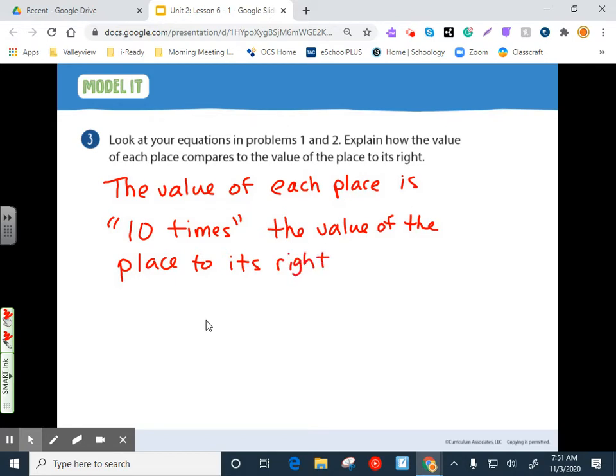Basically what that's saying is every time you look at a digit, it's 10 times bigger than whatever is to the right-hand side of it. Just keep that in mind. All right, go ahead and turn the page.